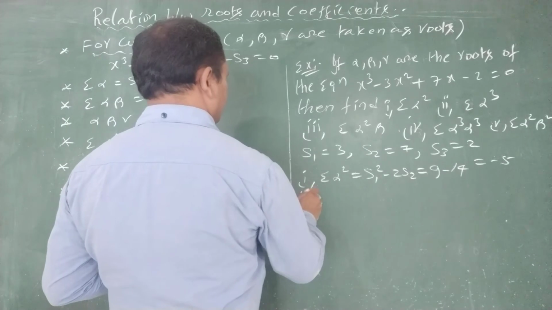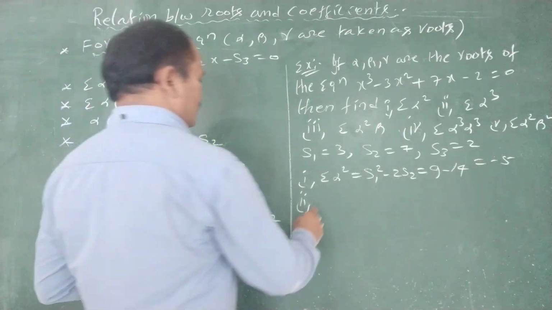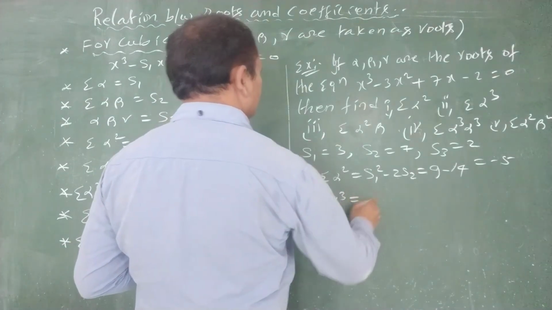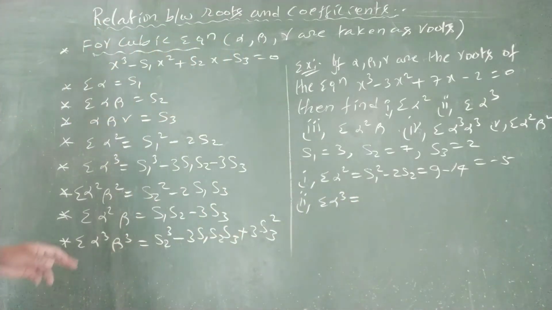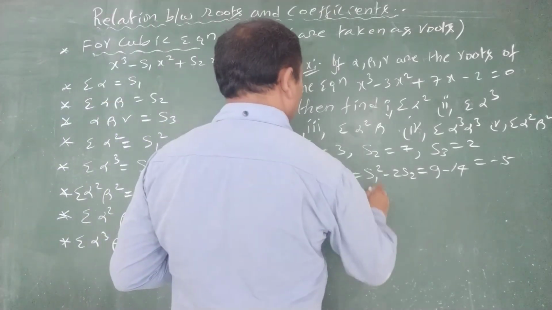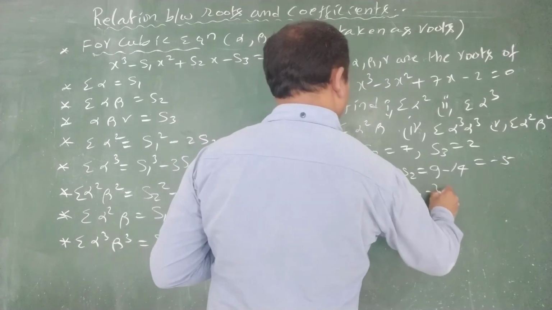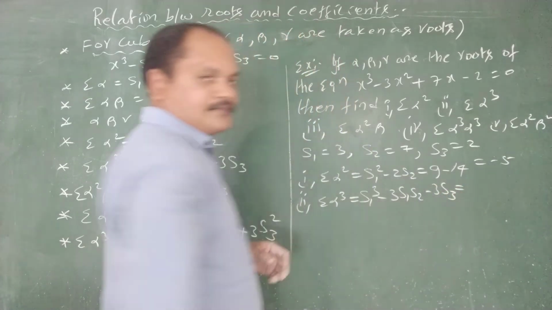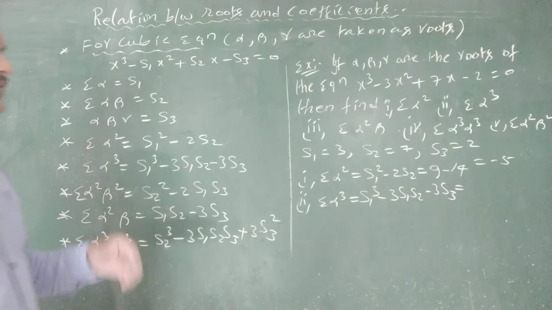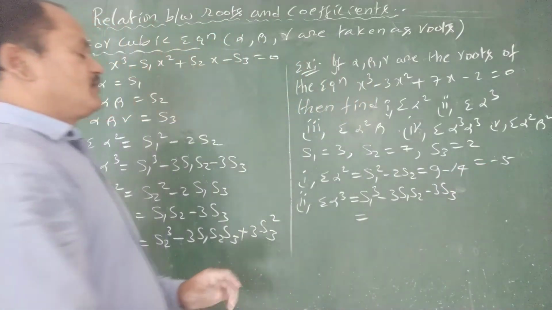Next, second one, sigma alpha cube. What is the formula for sigma alpha cube? S1 cube minus 3S1 S2 plus 3S3.